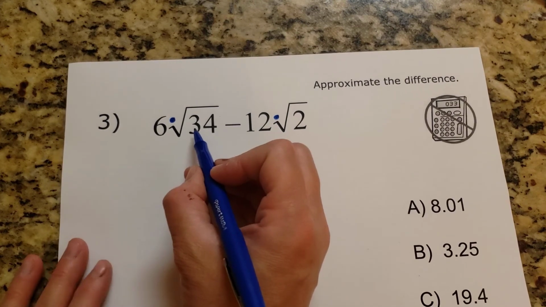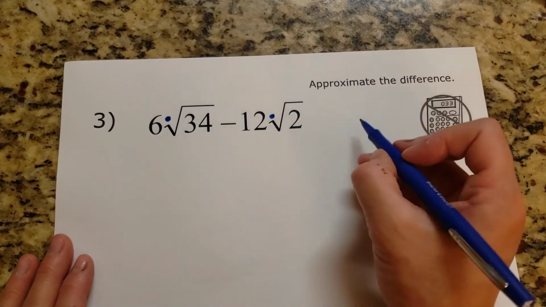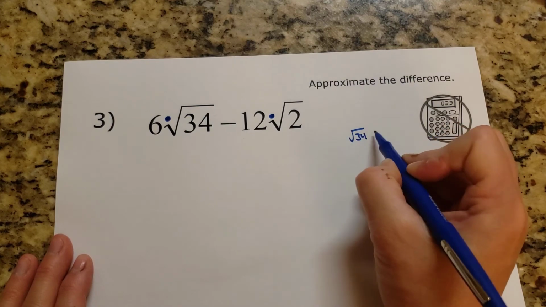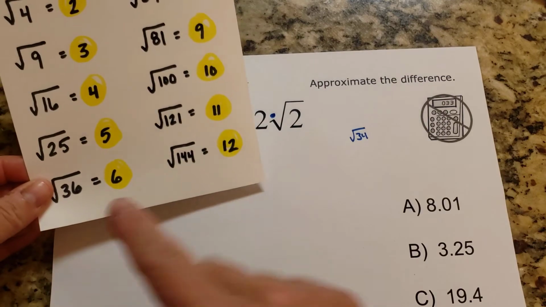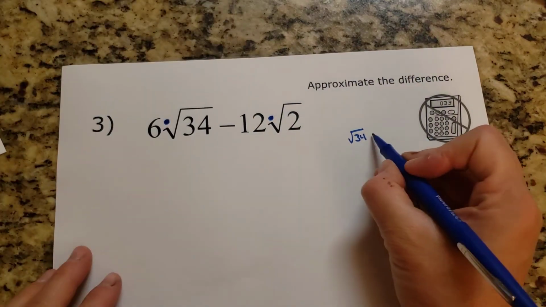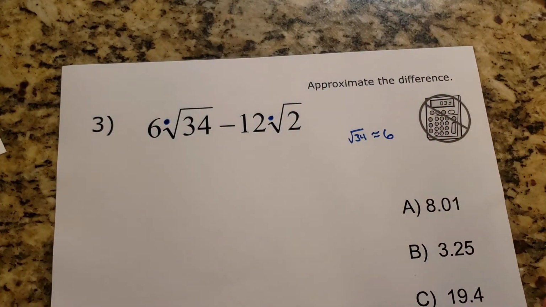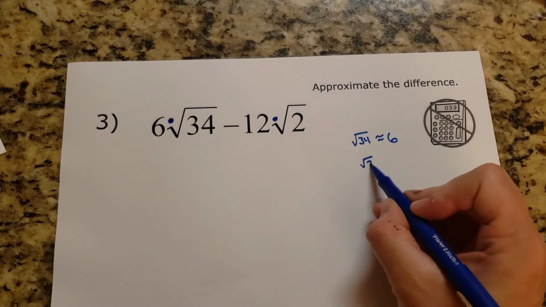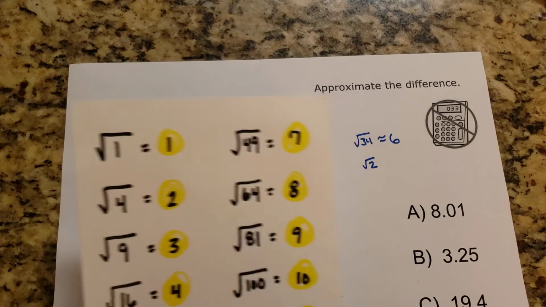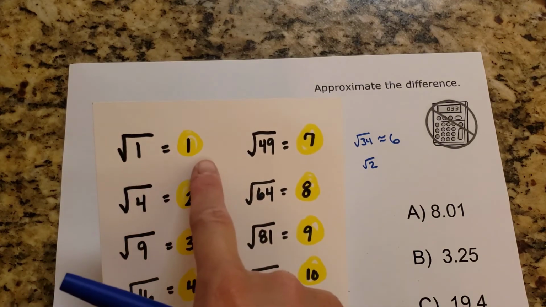Now let's approximate the square root of 34, just off to the side. The square root of 34 is really close to the square root of 36, which is 6. So we're going to say that this is about 6. Just go to the nearest whole number. Then we need to approximate the square root of 2. The square root of 2 is closest to the square root of 1, which is 1.